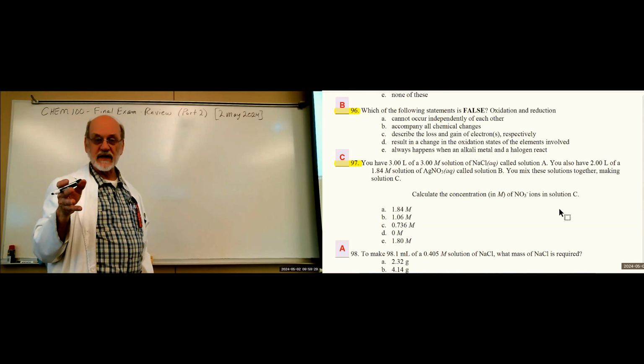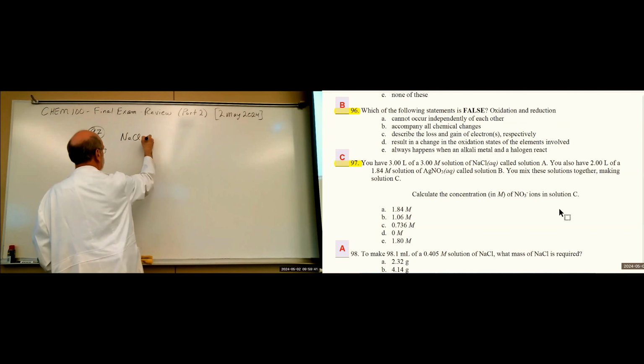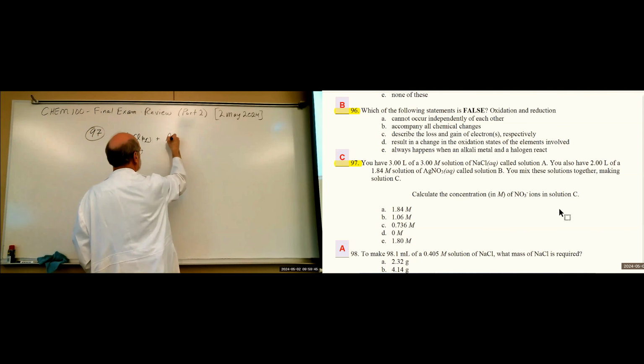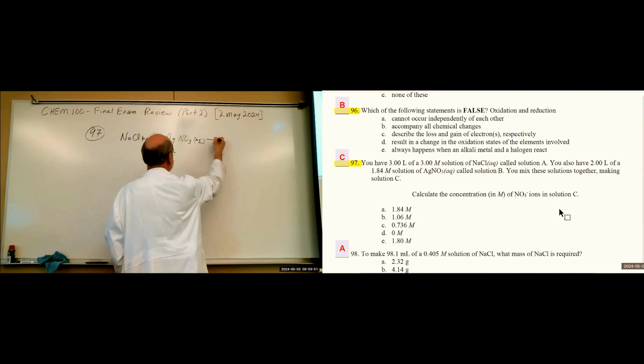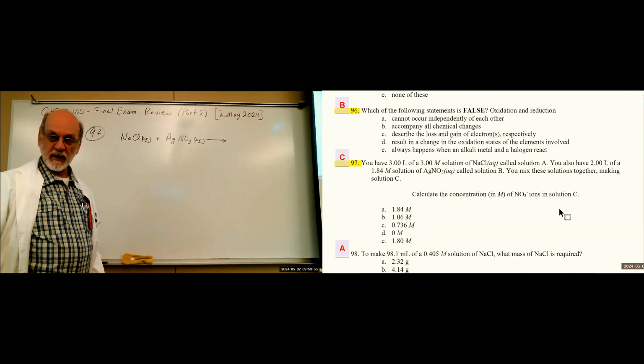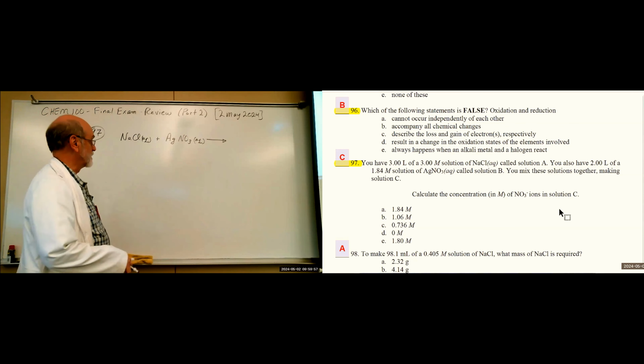All right, what happens when we mix these two together? Sodium chloride in solution, and we mix it with a solution that has silver nitrate. What happens? You get a double replacement or an exchange reaction.